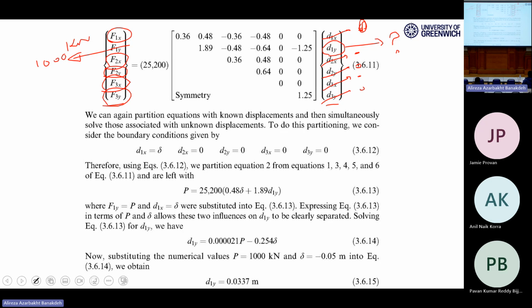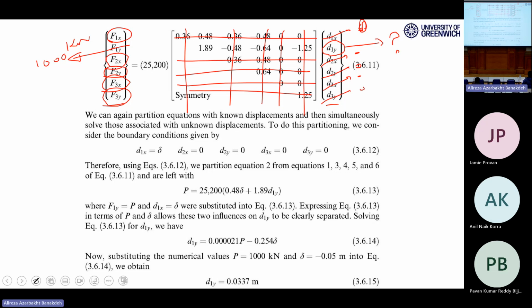If I hadn't had the support settlement, I would proceed with this process. I had 1,000 as the external force, and it means that you eliminate all of these 5 rows and columns: number 1, 3, 4, 5, 6.